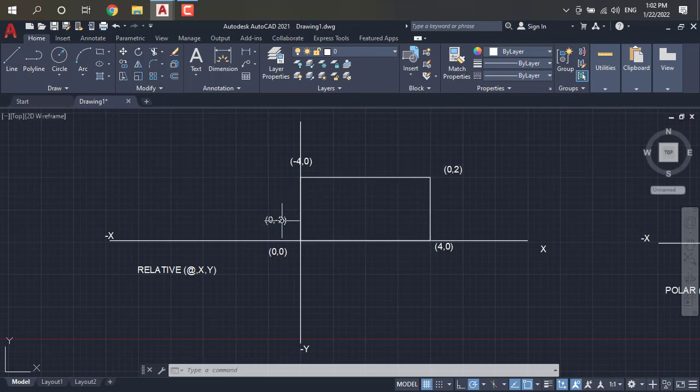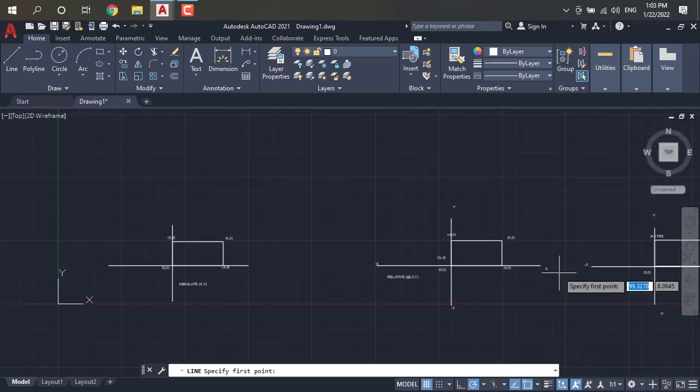From here also we mention x is 0, that means y is minus 2. Why? Because from here to here the point goes in the opposite direction, that's why it is minus 2. Here x is 0, here also 0, but we can't mention x as 0. Why? Because relative means it is related to the previous point, as it is a movable condition.